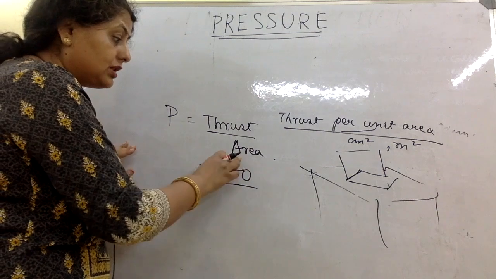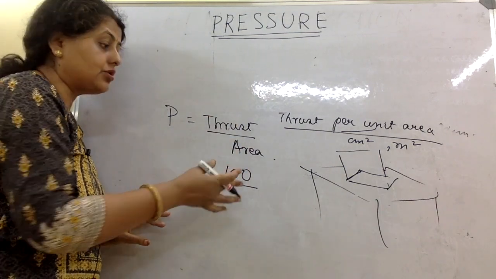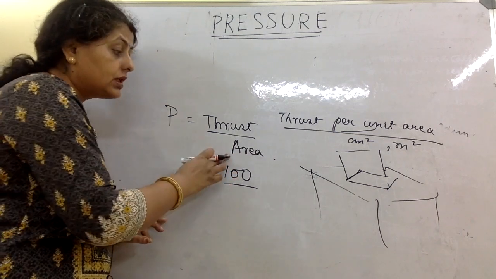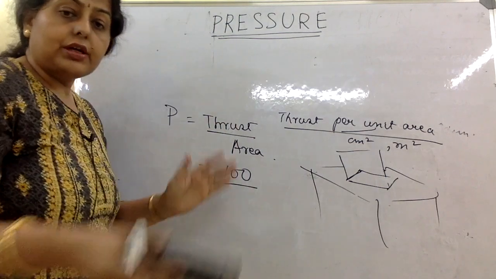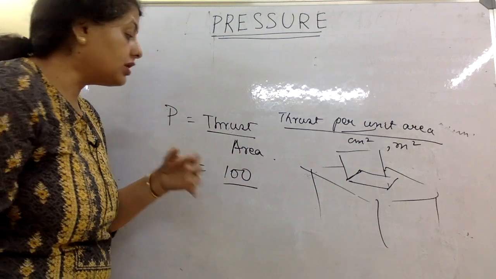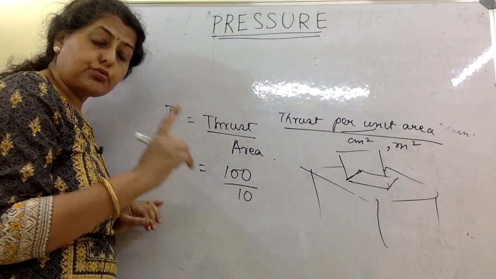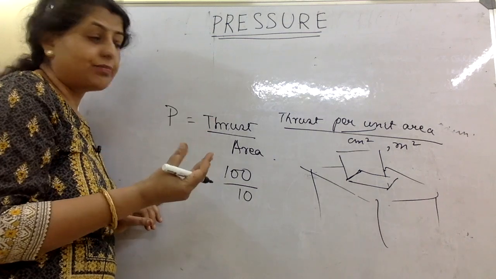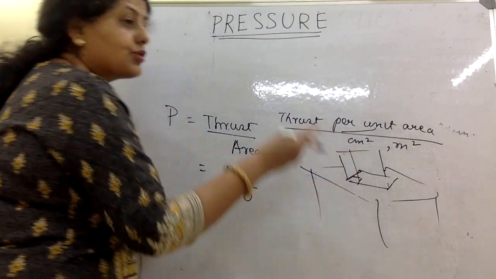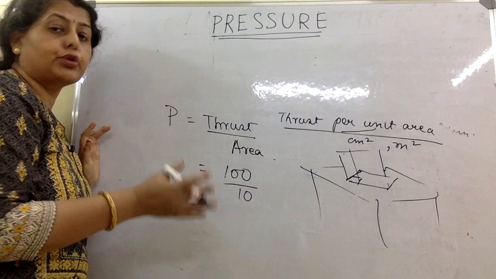If this is in Newton, this has to be in meter square because everything has to be in SI. So if the area of contact was, let's say, 10, I'm not mentioning the unit here, then for 1 centimeter square, how much was the force? That means how much force of the book or the duster was 1 centimeter square taking?